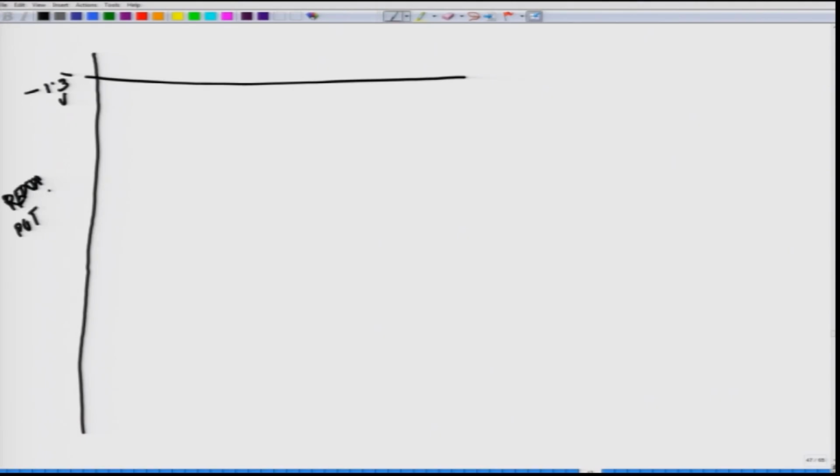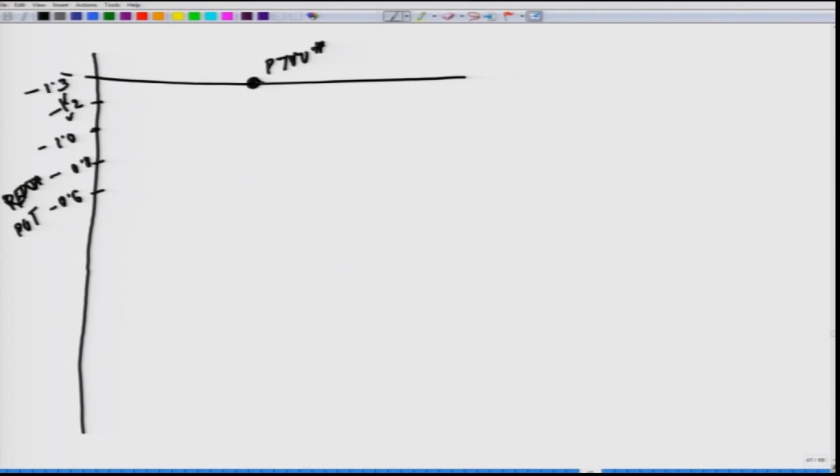Out here you have minus 1.2, minus 1, minus 0.8, minus 0.6, and so the electron reaches minus 1.3 from here, from P700.